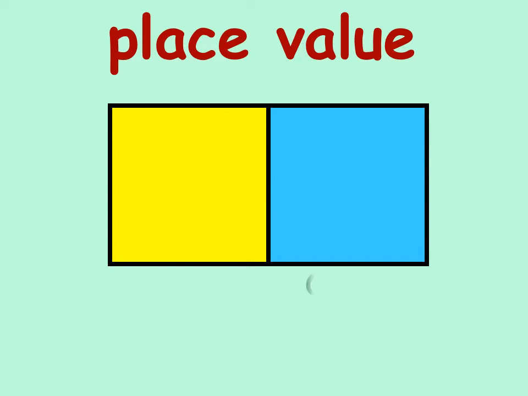The blue square, what we put in there is going to be the ones. Now, it's okay if you don't understand that, but I want you to remember that we call it the ones, because that's important to remember. The digits that go in there will be the ones.